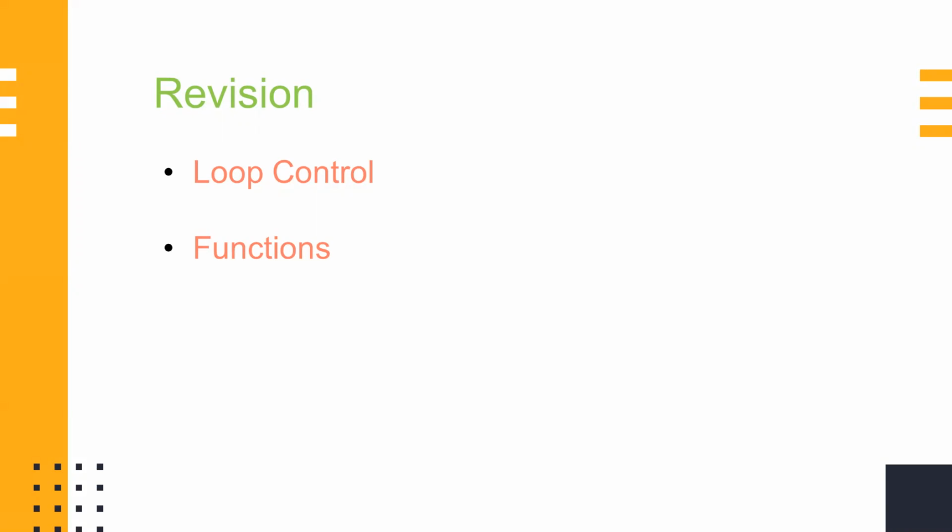And at the same time, we started learning about functions. As I explained in our last class, what is a function? A function is a group of reusable code, which we can easily call anywhere in our program. We make components of our code, and we call that component a function, and we can easily call it anywhere. Why are we using functions? This eliminates the need to rewrite the same code again and again.